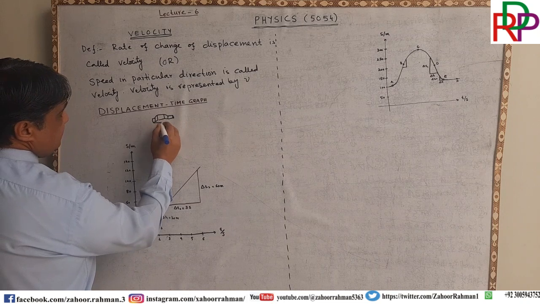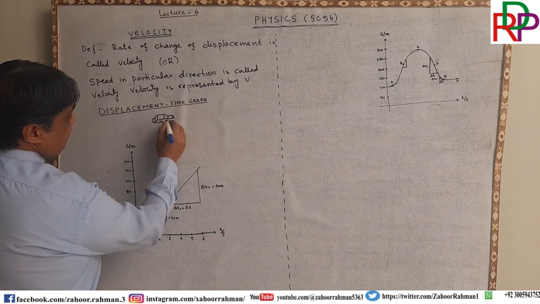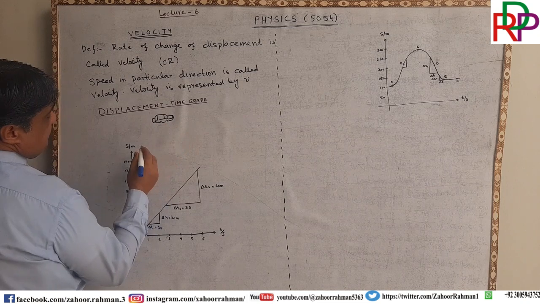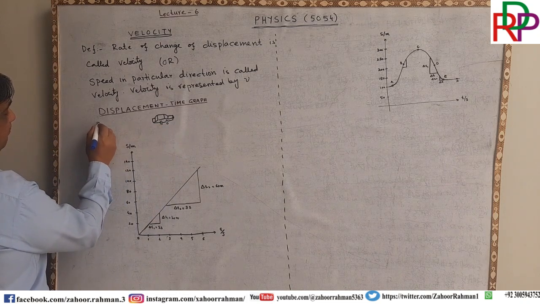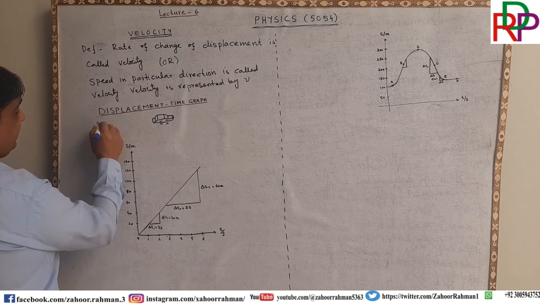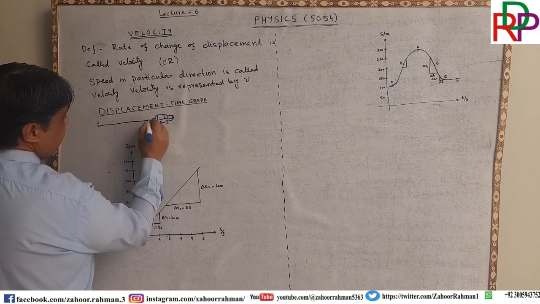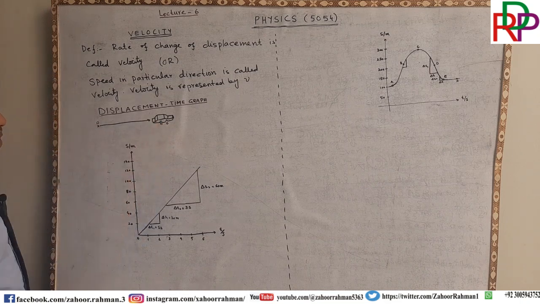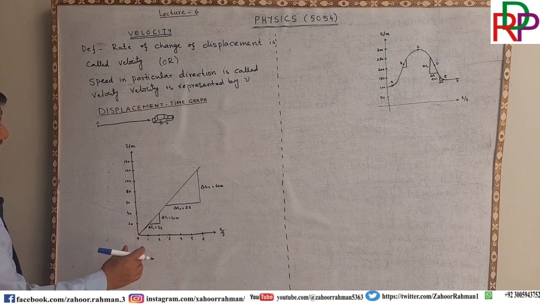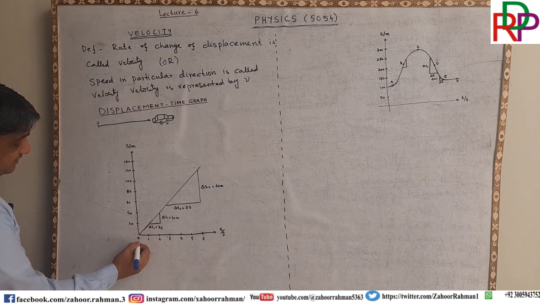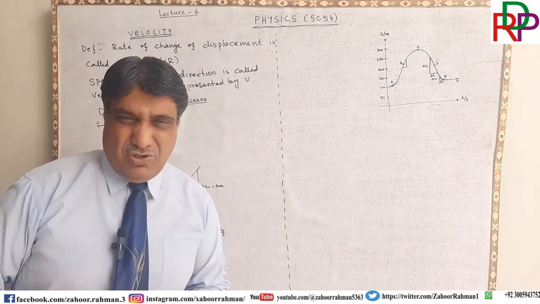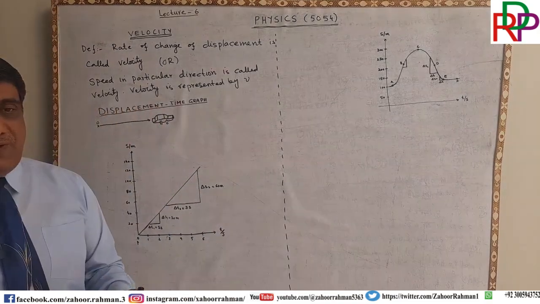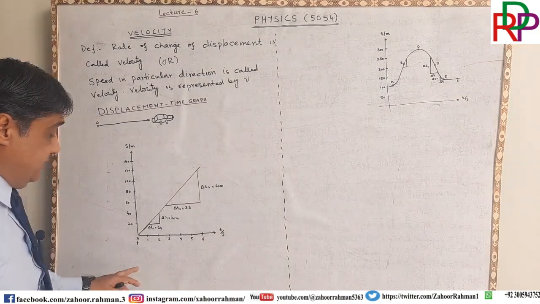Remember, in a straight line. If we represent it graphically, this is O, which is called the origin. The motion originates from this particular point.